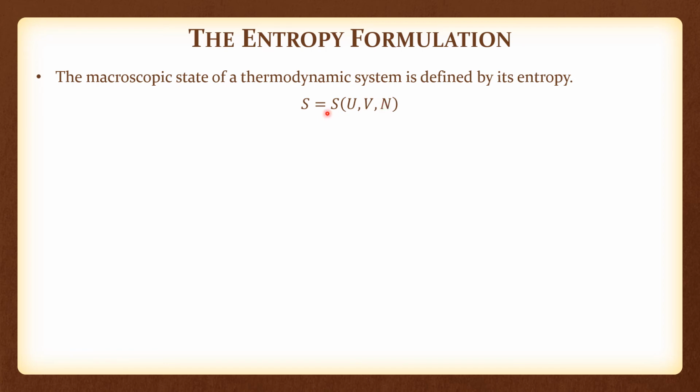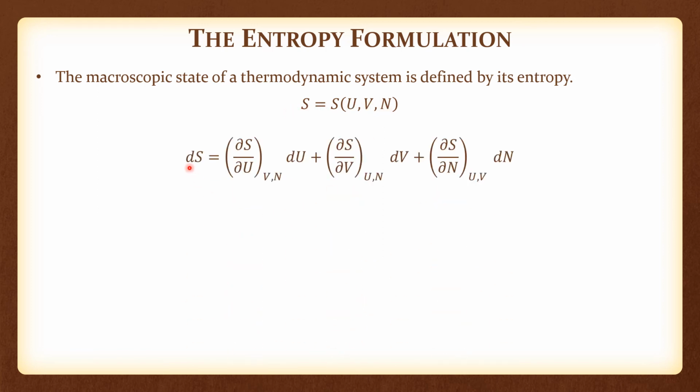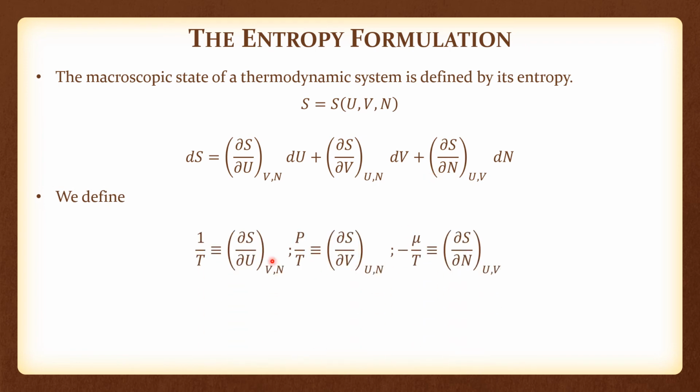Now, if we state S is a function of U, V, N, then the total differential change in S could be due to a differential change in U or V or N, or some linear combination of all of these, and these slopes are defined as temperature, pressure over temperature, and negative of chemical potential over temperature.